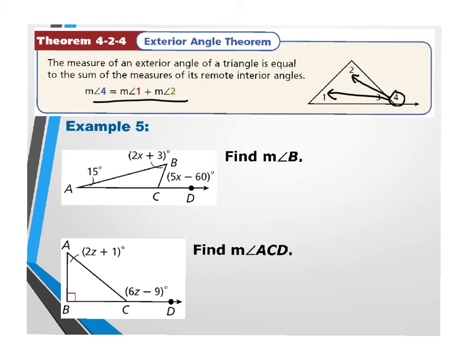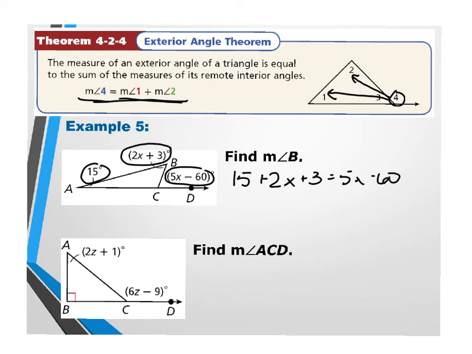The exterior angle sum theorem says add together measurements 1 and 2, set it equal to 4, and solve. So 1 and 2 are right here, and then angle 4 right here. Set it up properly, you have 15 plus 2x plus 3 equals 5x minus 60.